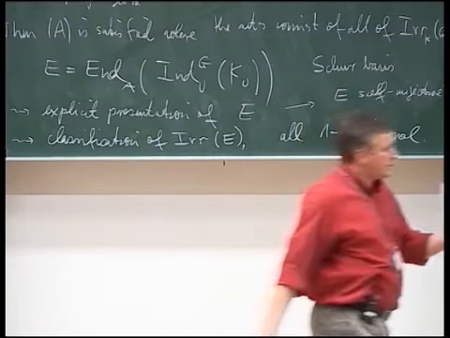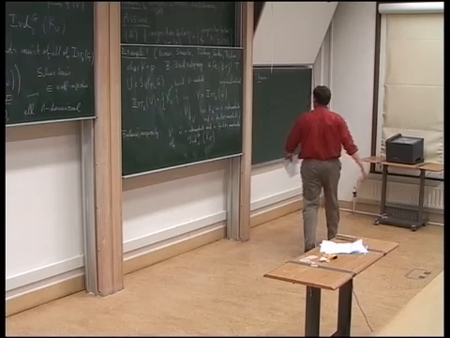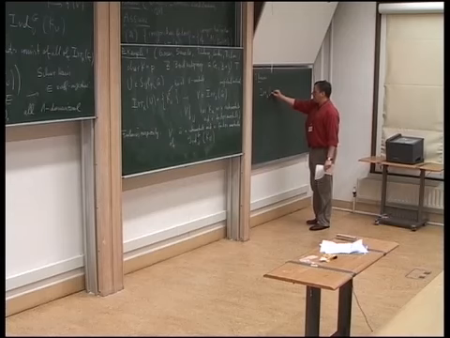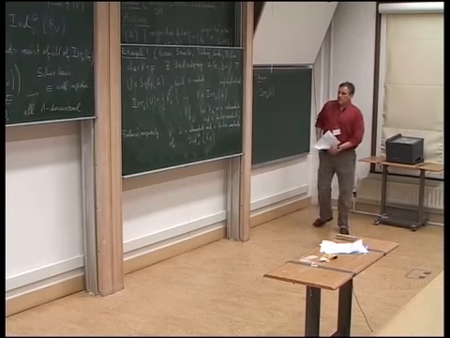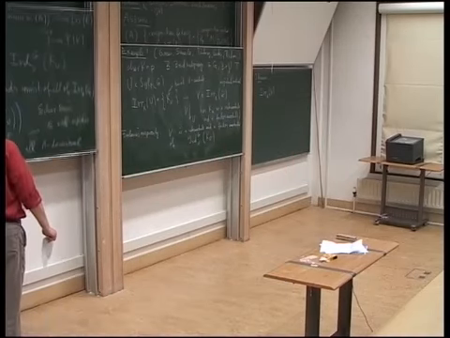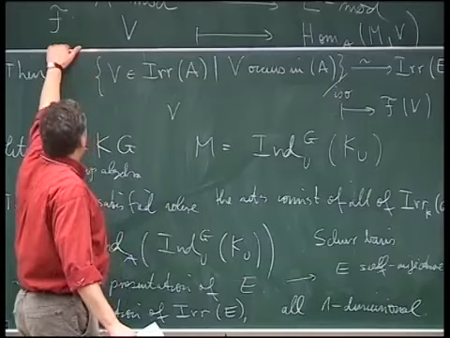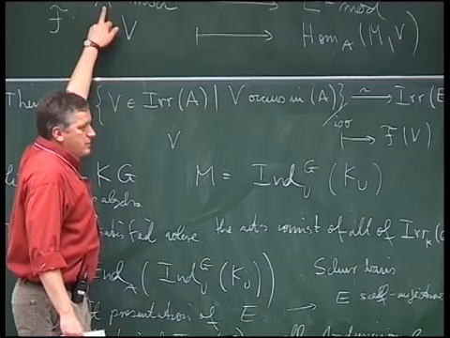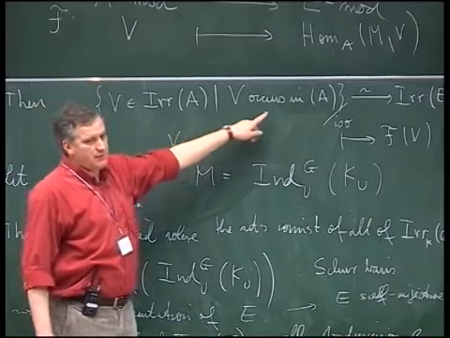So this theorem applies, and this theorem tells us then that the irreducible representations of G, this theorem says something about this functor, about the set of all irreducible representations of A which satisfy this condition.